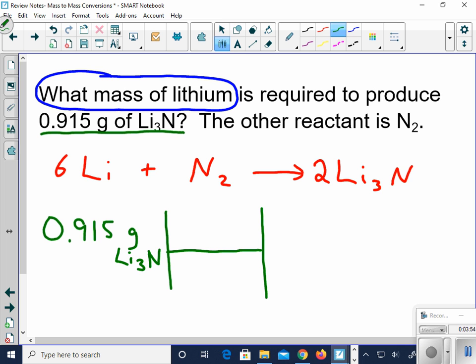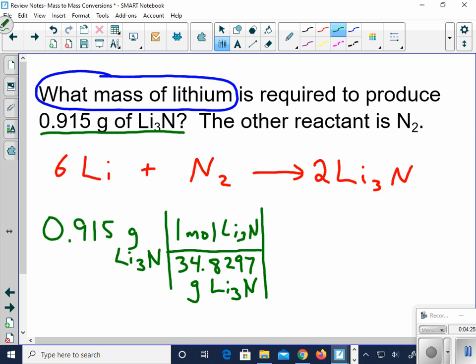Now, I know on my flux capacitor that 1 mole of lithium nitride has a molar mass of 34.8297 grams of lithium nitride. Now, where did I get that number?